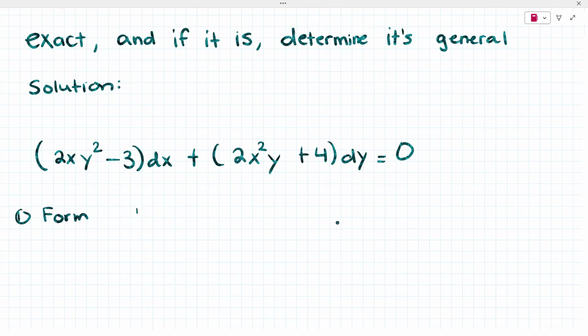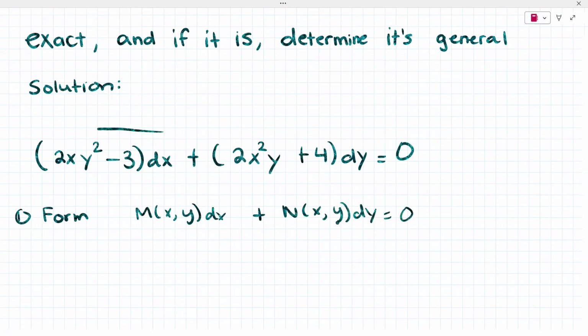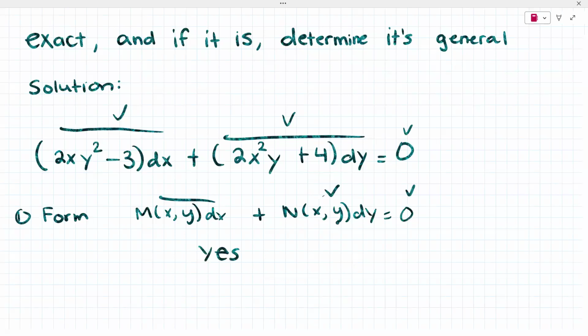So is it in the form of this? Yes, because this checks out, this checks out, and then the right side is equal to 0, so they're all good. So yes, we do have it in the correct form.